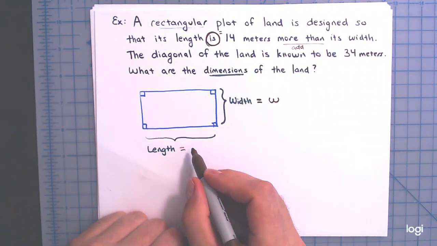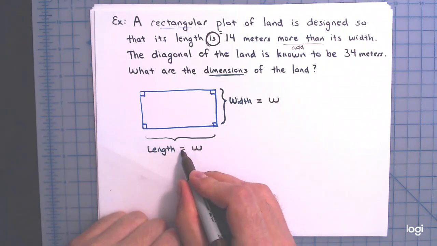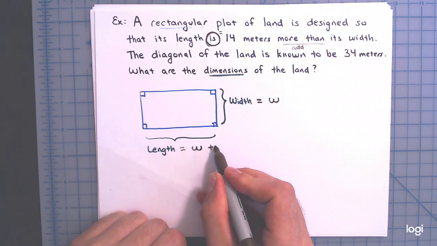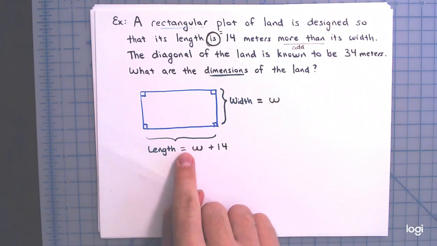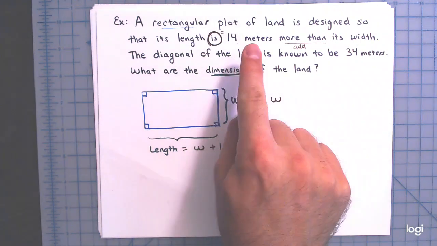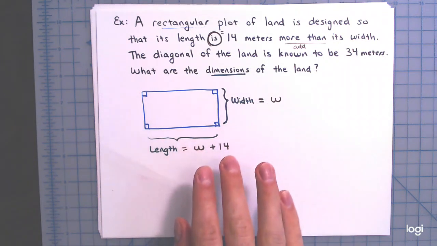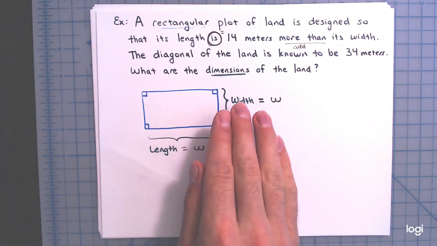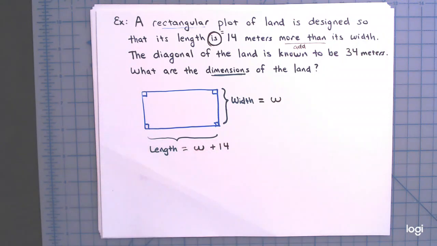So what was the width? That was W, but then the length is the width plus 14. Hopefully that makes sense. The length is W plus 14, which is 14 meters more than the width. So you see I've set up my expressions for these two unknowns. The width is W and the length is 14 more than that, W plus 14, with just a single variable, the W.